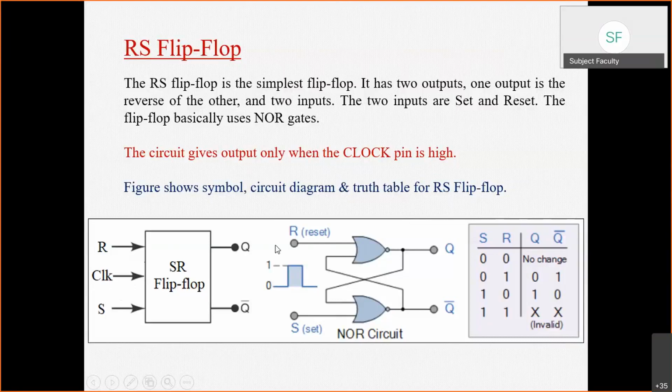A sequential circuit requires a clock. So you have to remember that this circuit will work only when its value is 1, when you are providing a clock. When this clock pin is high, only then this will work. Just for now, remember like this, it will be more clear as we proceed.